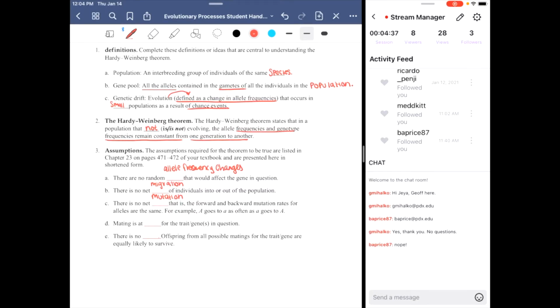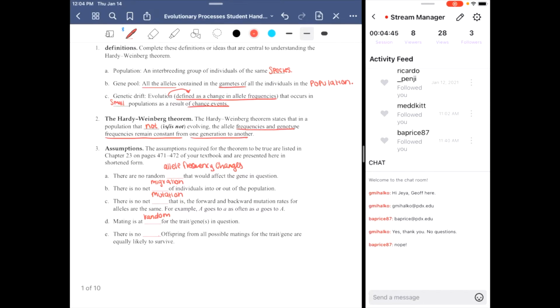Then mating needs to be random. This ensures that there is no preference for a certain gene, and that one gene is not selected for more likely than another gene. And the last one is that there is no selection, and this ensures that the offspring from all possible mating are equally likely to survive.